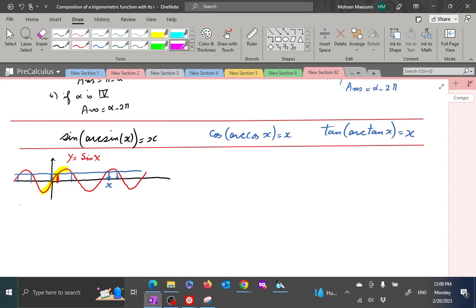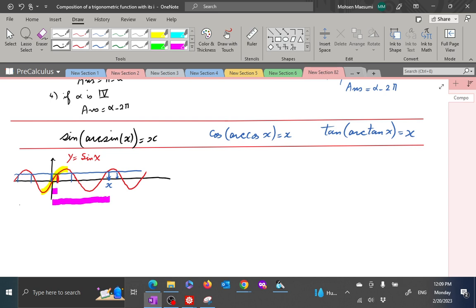So what happens is that, okay, this is the x that's given to you, and then arcsine of x will be this angle. You have to always refer it back to the permitted range of values.